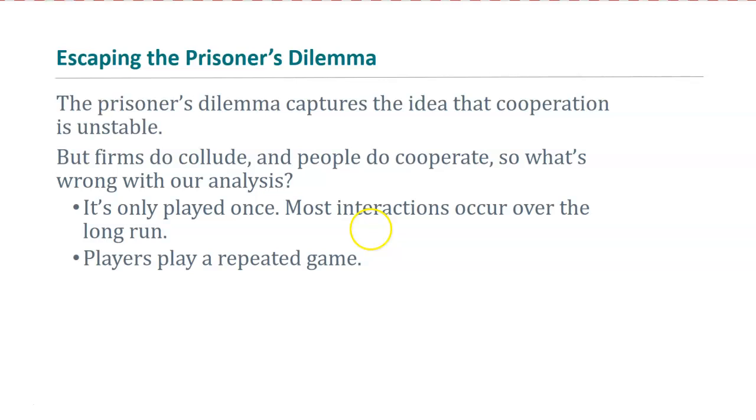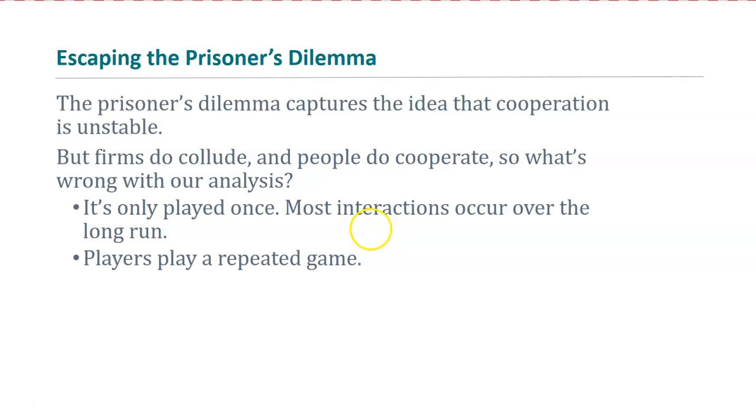And so this is a different scenario, because now Manny sits in front of the principal and has to think not just what's best for me today, but what's best for me if this happens again, right? So maybe I should keep quiet, because I know that if I rat on Tony today, then when this happens again next week, he's going to rat on me. And that's not going to be good, right?